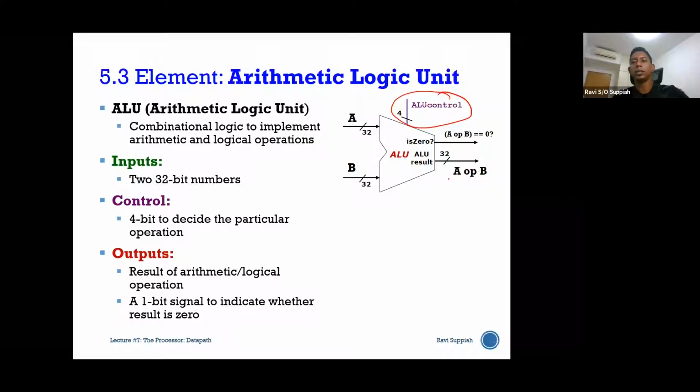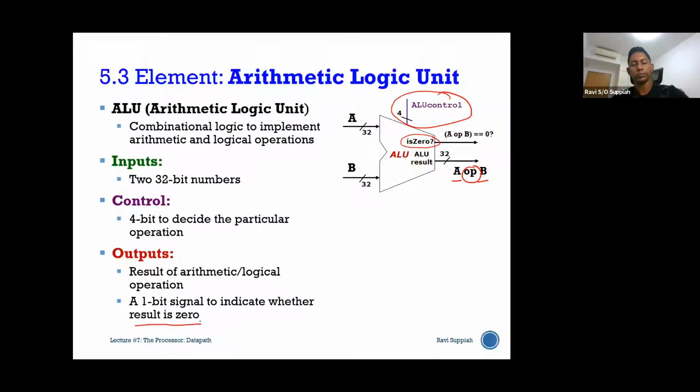One is, of course, the result of A and B with the correct operation, which is decided by the ALU control. There's also one more additional output that is generated, which is what we call the is0 bit, and this is0 bit indicates whether the output of the operation is equal to 0.